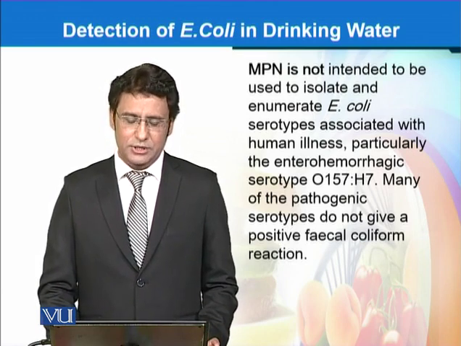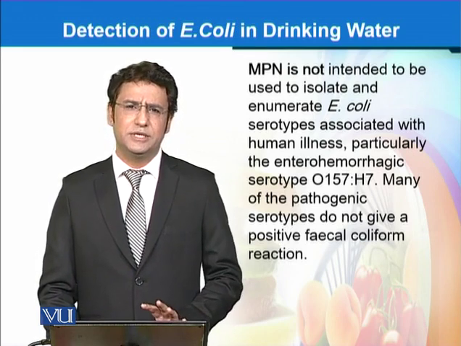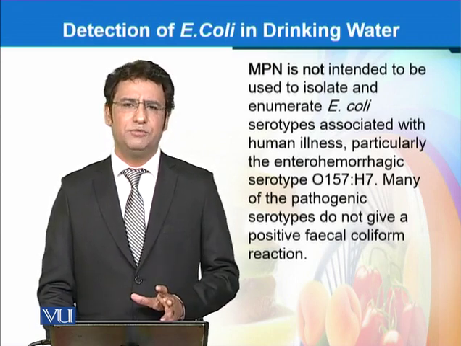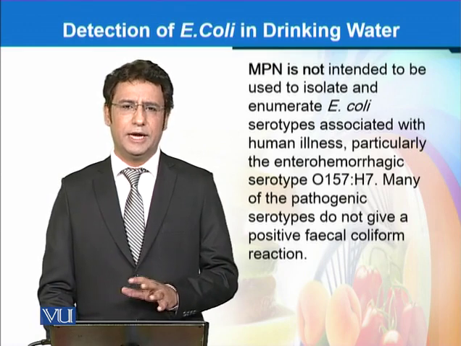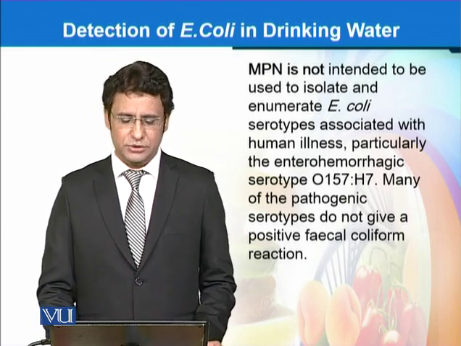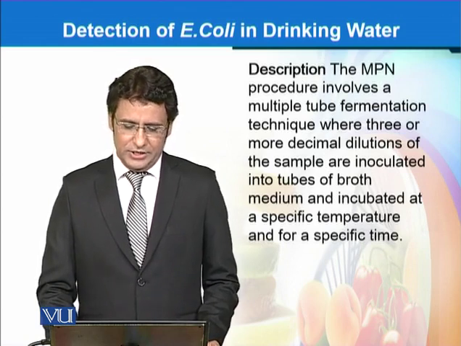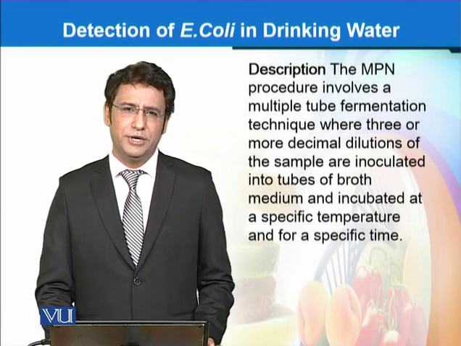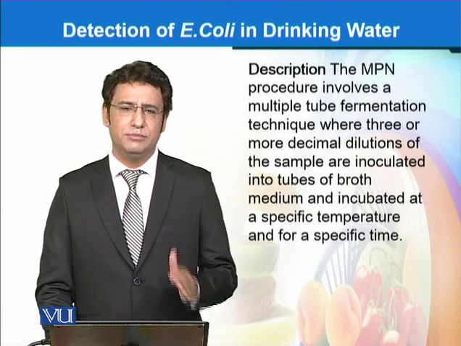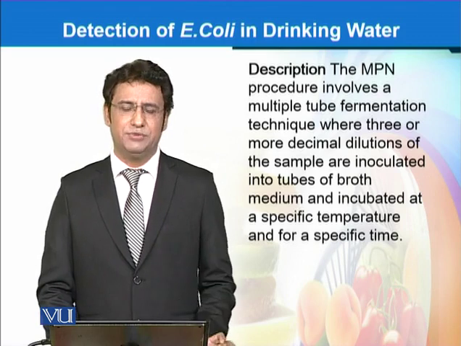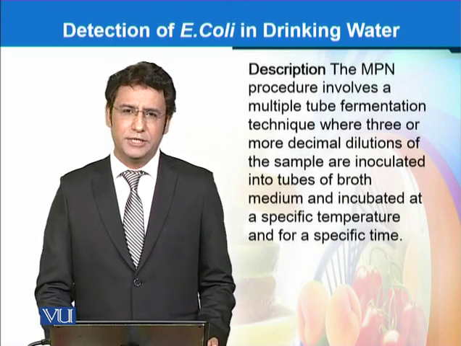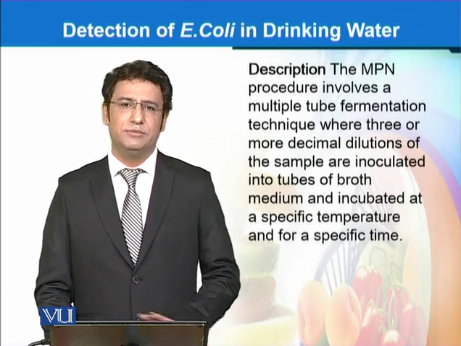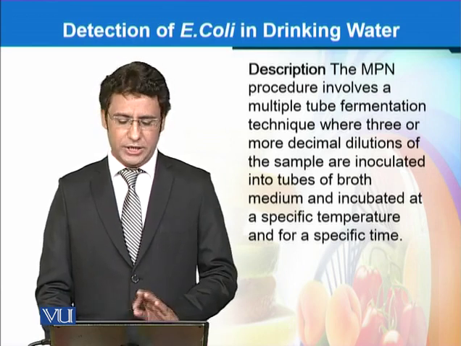But this MPN number can give us a statistically probable number of pathogens or other E. coli that may be present inside the water. So this process, as with most microbiology techniques, would involve multiple tube fermentation. We would be using many different test tubes in which the fermentation can take place by inoculating these tubes with the water that we need to determine E. coli in.